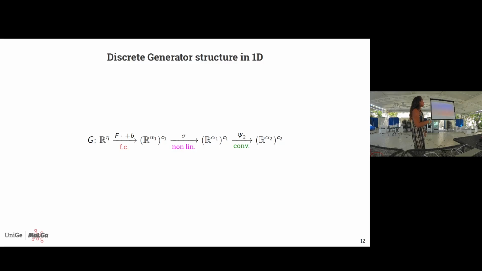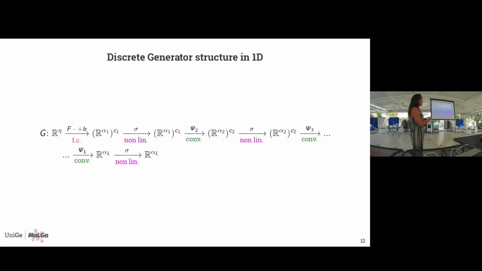In fact, this C1 is greater than this C2, while the length of the vector increases. Before, I talked about the number of pixels. Now I'm moving to 1D for simplicity, but it's simple to extend this structure to 2D, so I talk in terms of vector length. The vector length increases like the number of pixels as before.